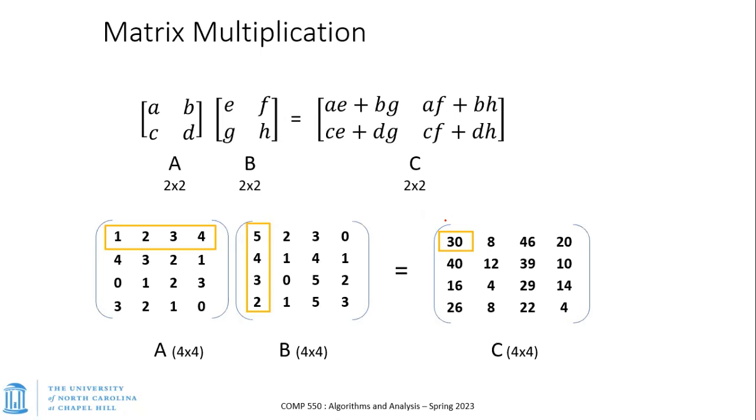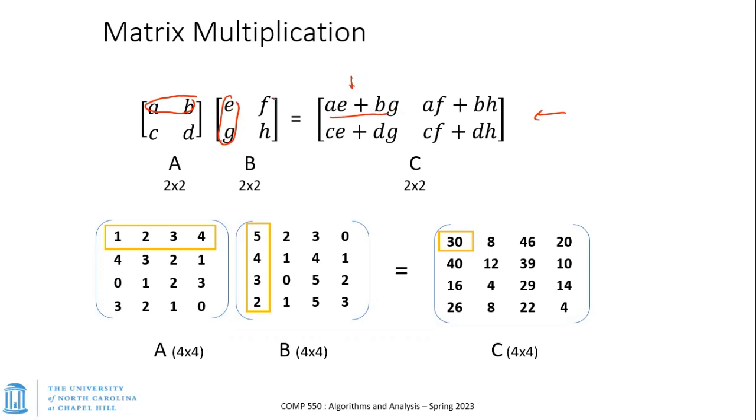So hopefully, everybody remembers how we do matrix multiplication. In case somebody's forgotten, this tells you if you have a 2 by 2 matrix, how do we do it? Well, we take A and B and multiply it by E and G, and that's how you get the first entry over here.